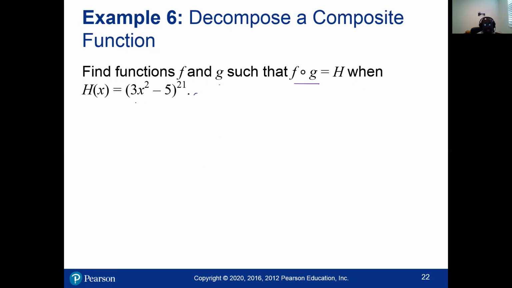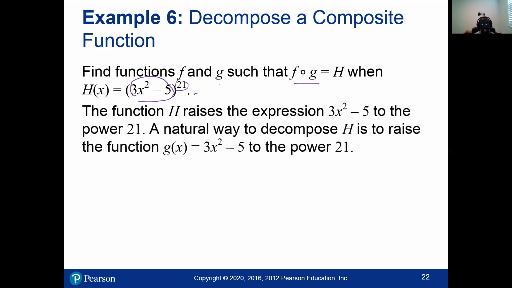Notice that h of x means we have raised the expression 3x squared minus 5 to the power 21.